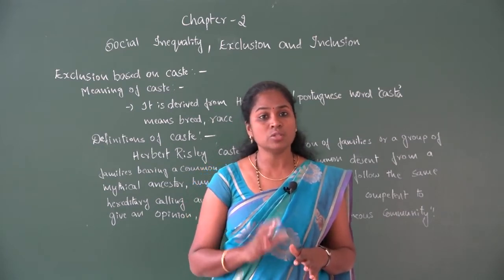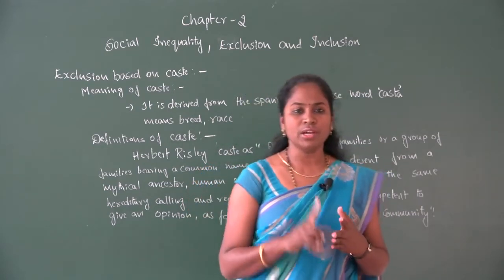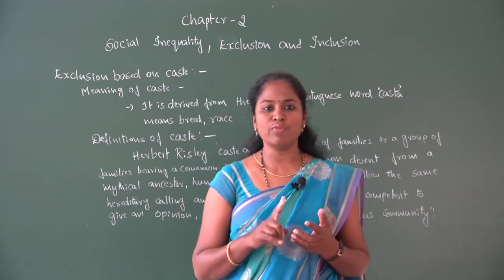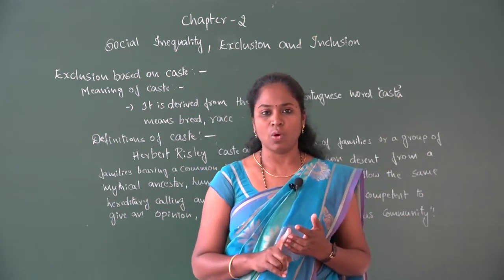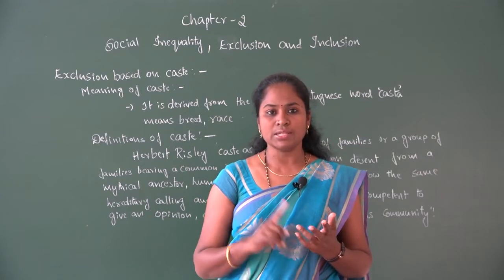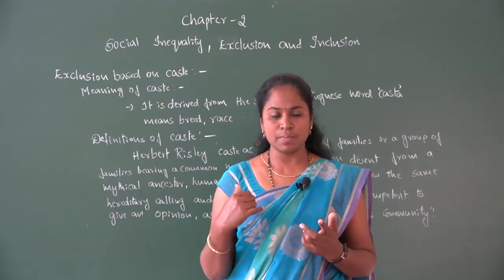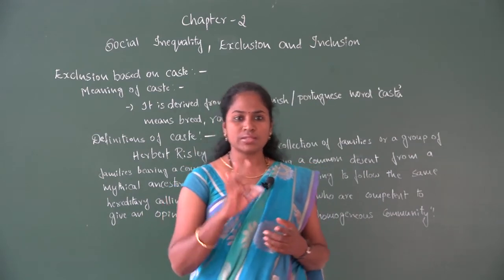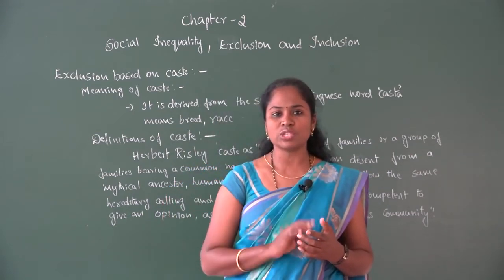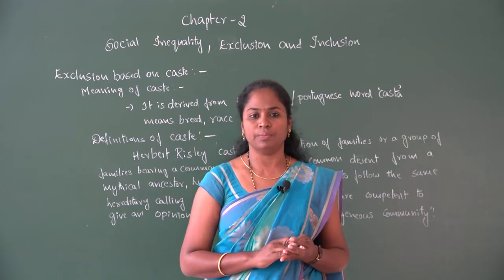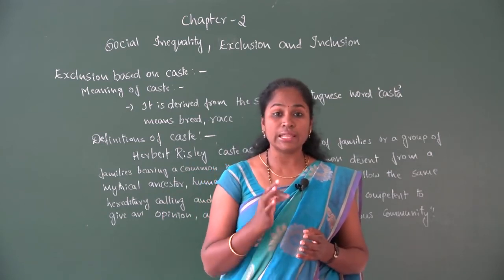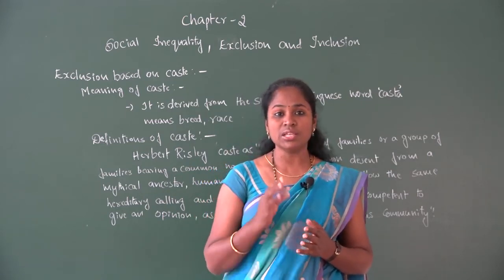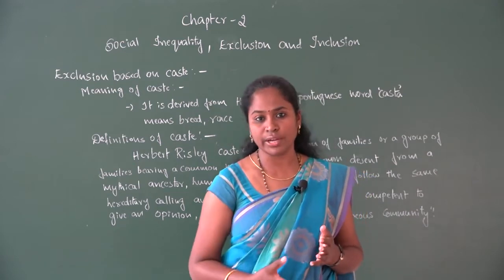Here we could find that three main things have influenced the Indian people: one is the joint family, the second is the caste system, and the third is village communities. These three things have influenced the Indian people, and the caste system especially has influenced them more.